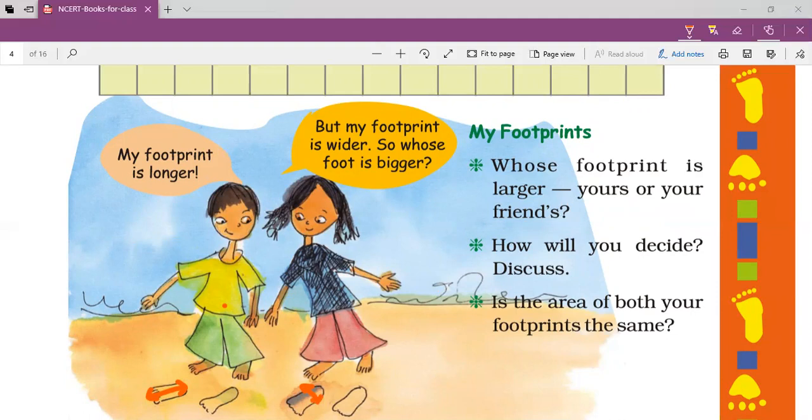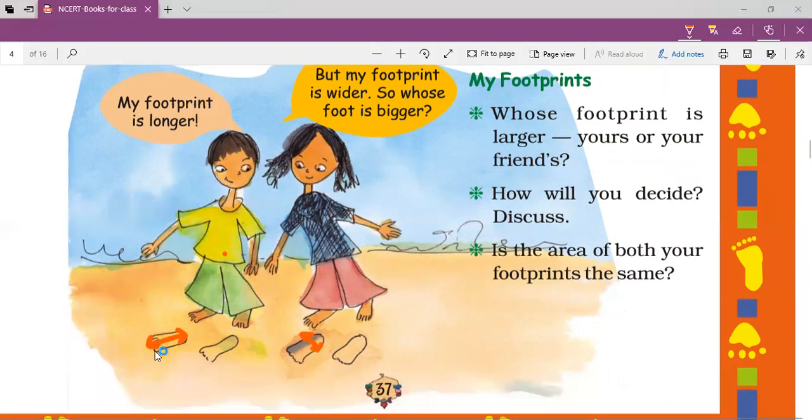So if you observe properly, her footprint is longer, and her footprint is wider, not longer. So we can say both of their footprints cover a similar area. They are both similar. They are not smaller, nor bigger.